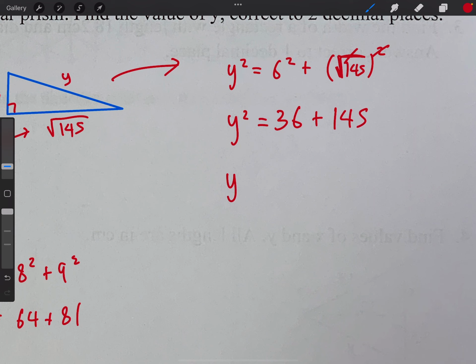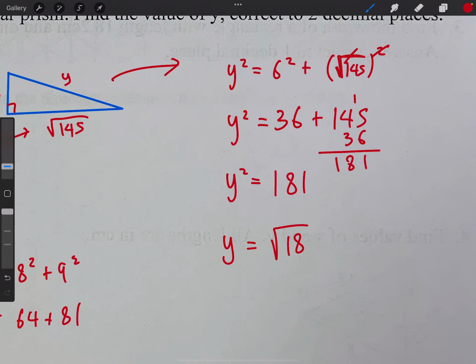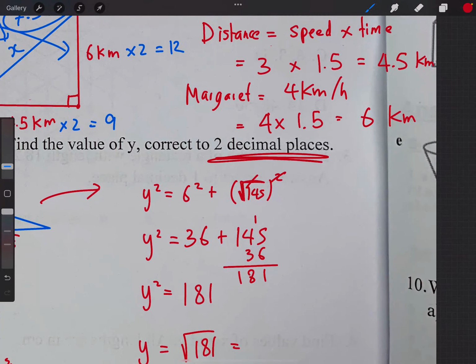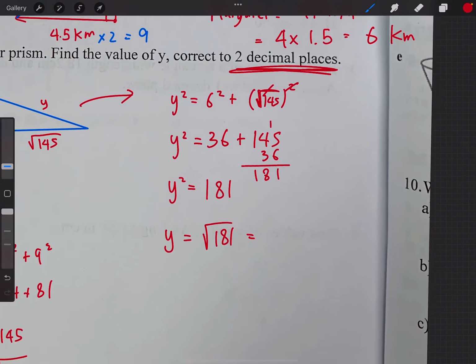So y squared is equal to 181. Therefore y is equal to the square root of 181, and you get the answer, and put it to 2 decimal places.